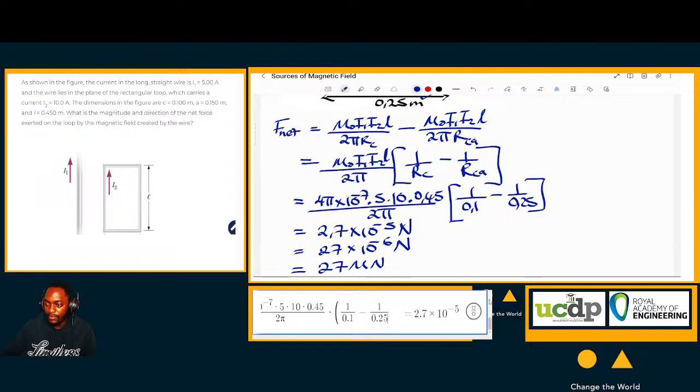Now you can carefully analyze the direction. What do you think the direction would be? Is it to the left or to the right? So now look, our FL.